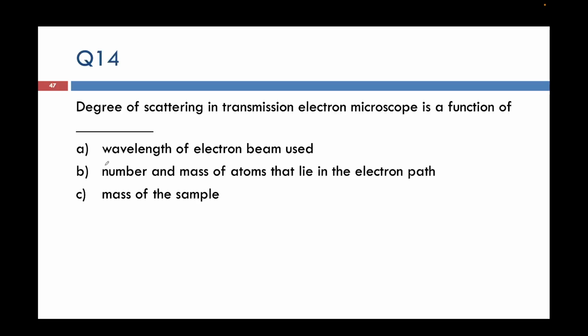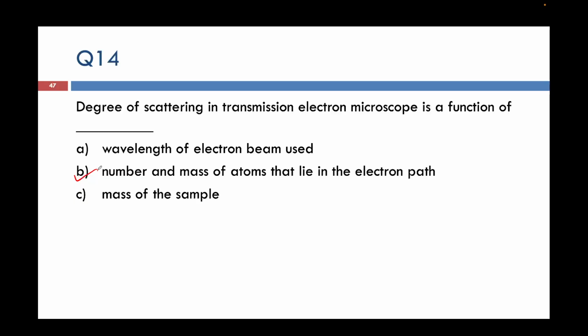The degree of scattering depends on the number and mass of the atoms that lie in the electron path, not only the wavelength, because diffraction will not take place if you do not have any electrons, right?